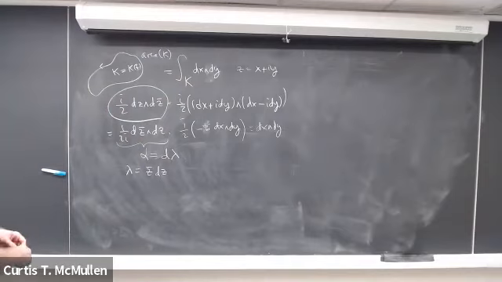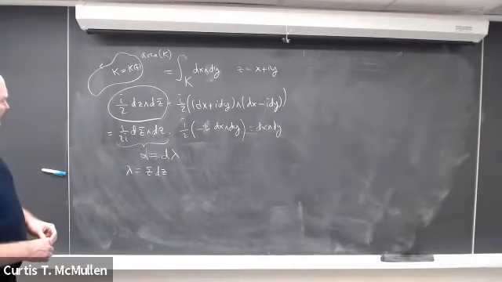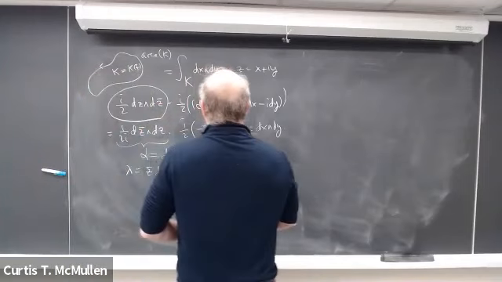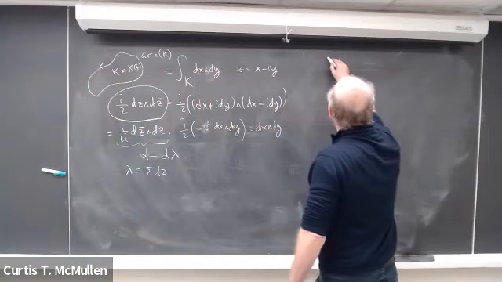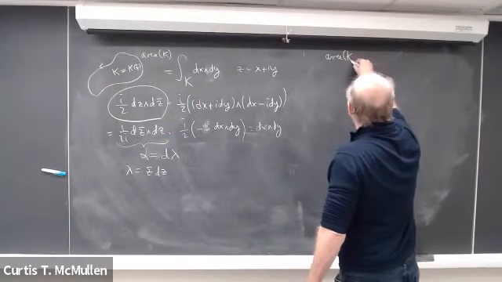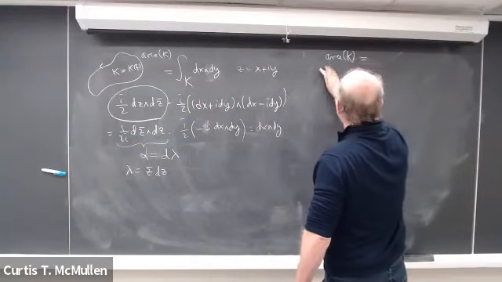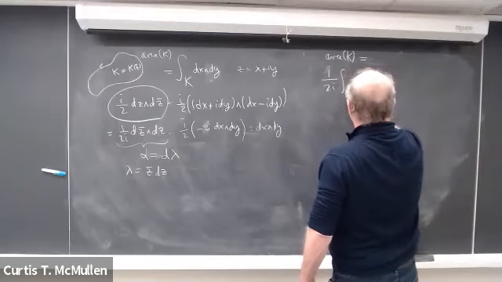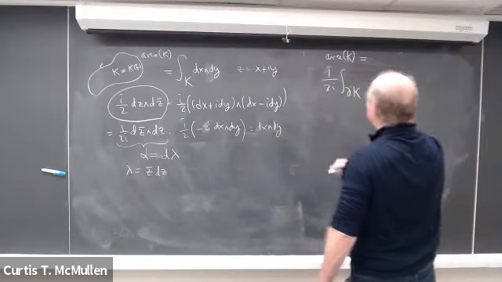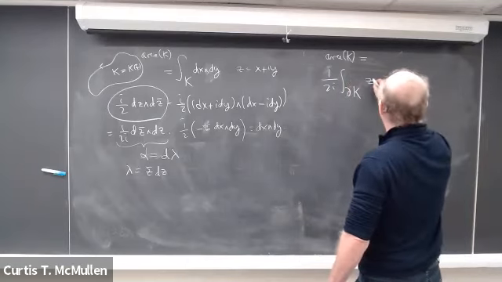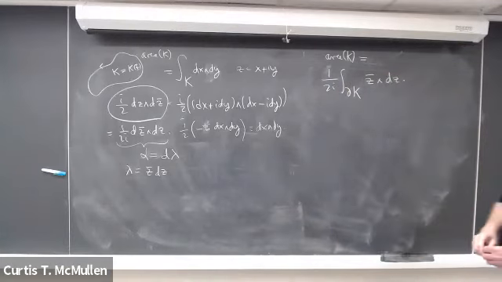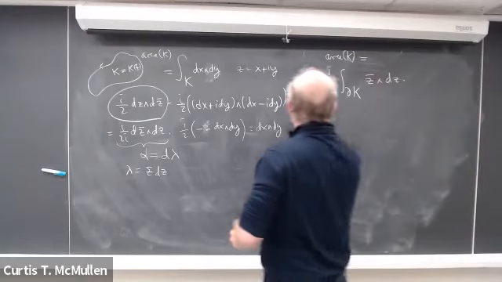So this form has an obvious primitive because it's written as the wedge product of two exact forms. So the upshot is that the area of K can be computed as 1 over 2i times the integral over the boundary of K of z bar dz. Okay, so that's the first step.